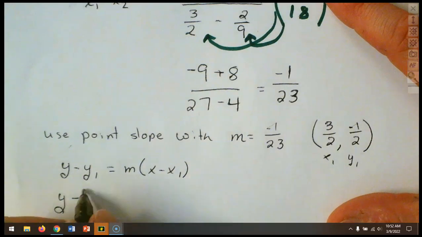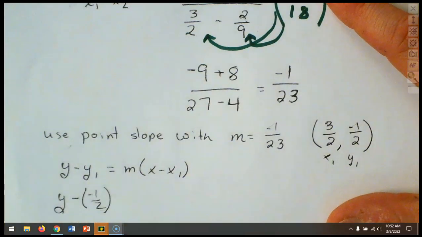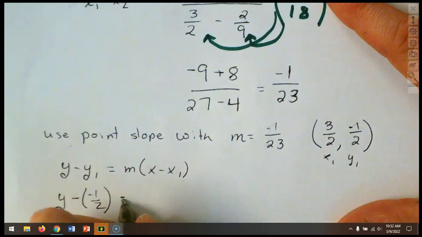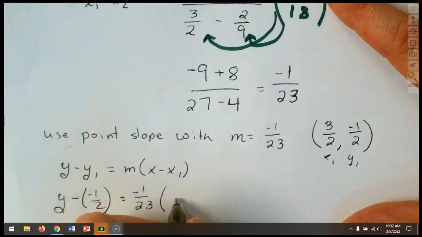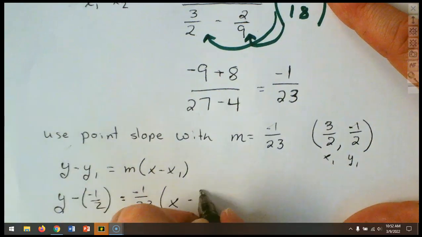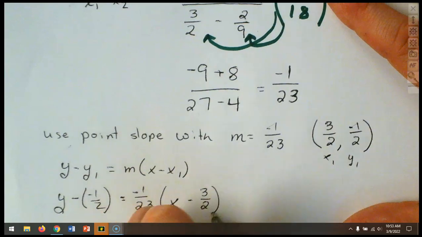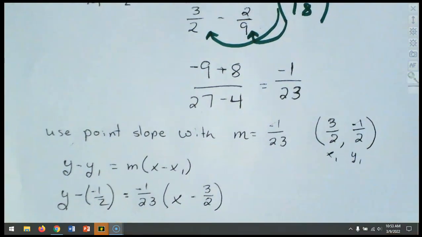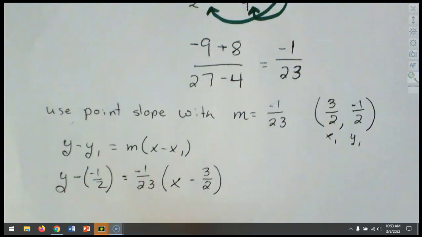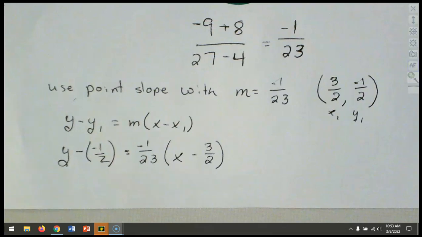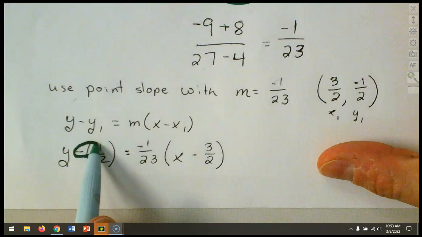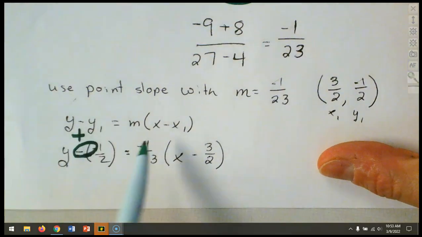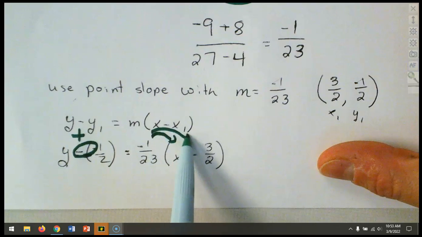So that's y minus a minus 1/2 equals minus 1 over 23 times x minus 3/2. So double negative makes this then positive here. This will get distributed through.